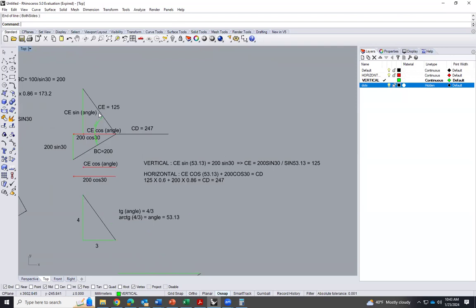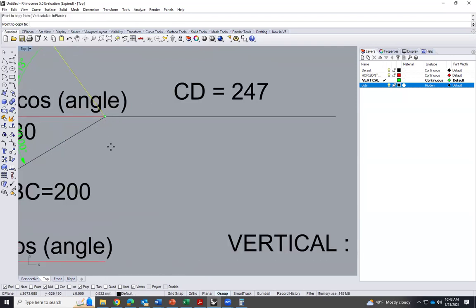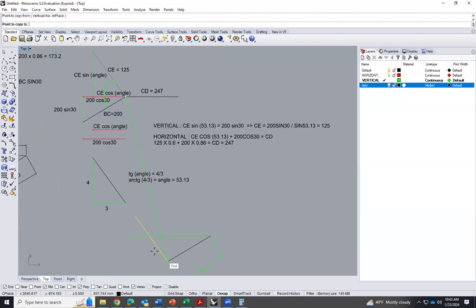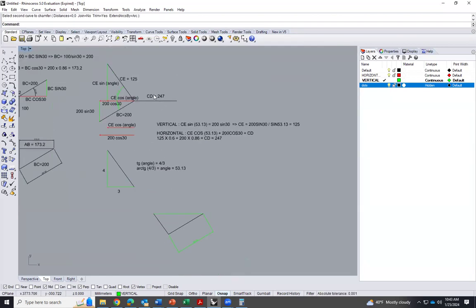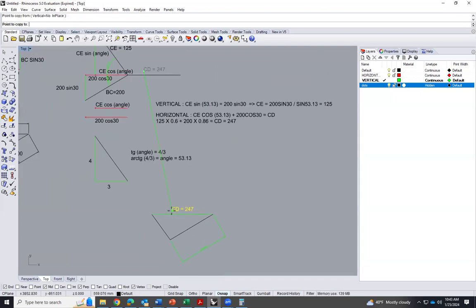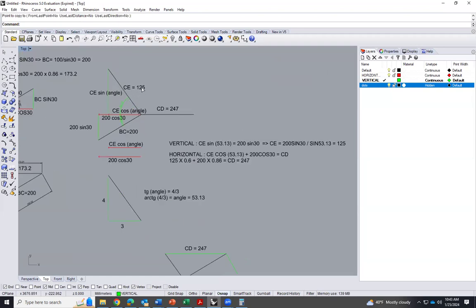And now I'm going to copy this line here. So we close this triangle. I trim this and that. And now that will be CD. And that will be CE.